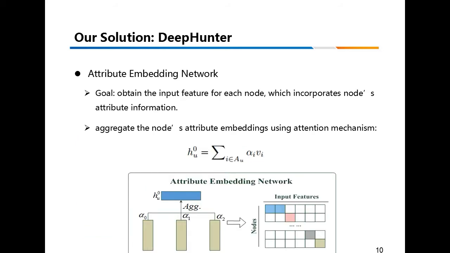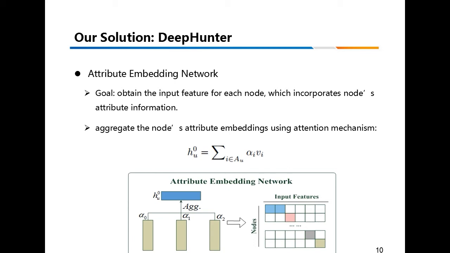Then, the goal of the attribute embedding network is to obtain the input features of each node, which incorporate the node's attribute information. We represent a node's input feature as the aggregation of its attribute embeddings.